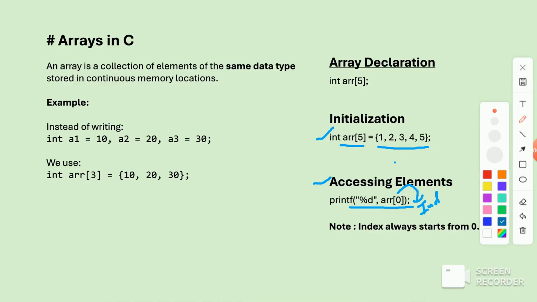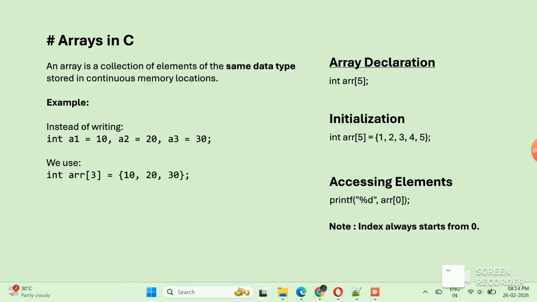If you want to access the first element, we print array at index 0, and automatically in the output window it will print the first element's value. This is accessing elements in an array.